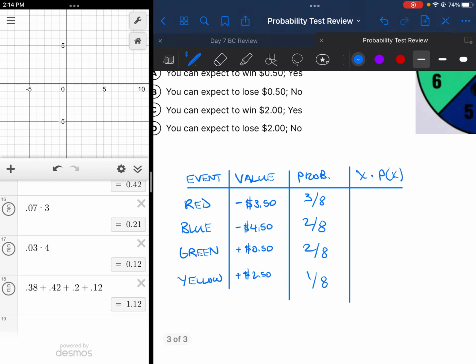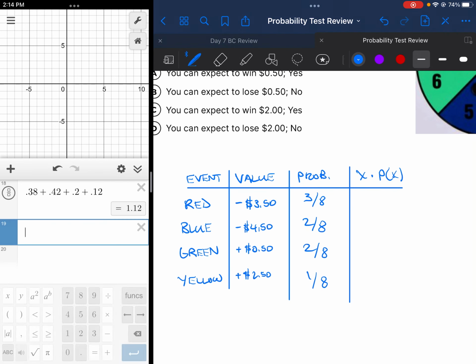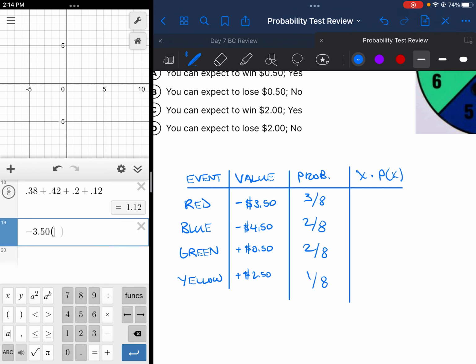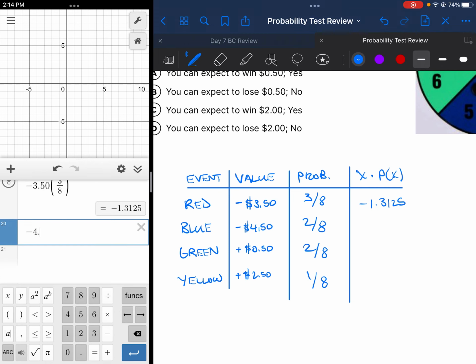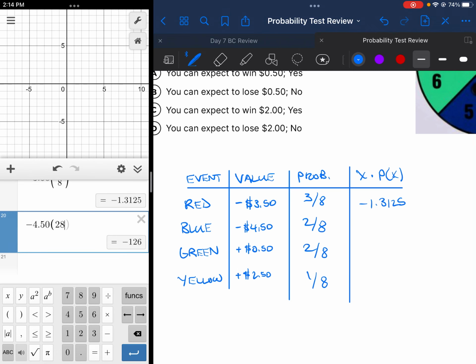Now let's go ahead and multiply the values times their probabilities. So negative $3.50 times 3 out of 8. That's negative 1.3125. Negative $4.50 times 2 out of 8.